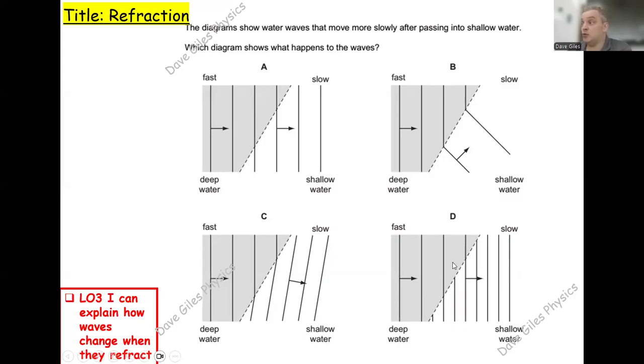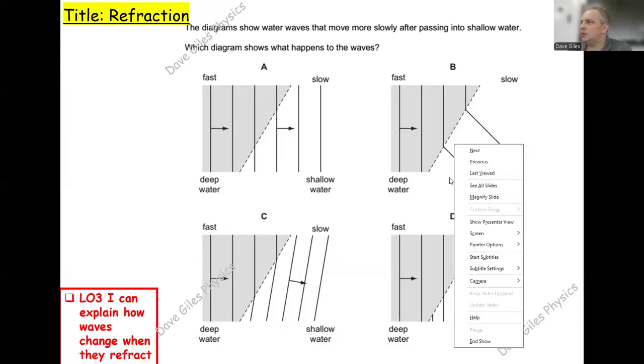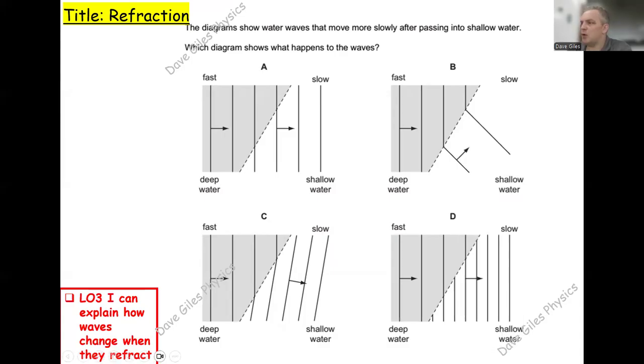So we can straight away rule out A and D. And when they slow down, so they're going from fast to slow, they are going to move, sorry, pardon me, they're going to move towards the normal. So the answer is C.